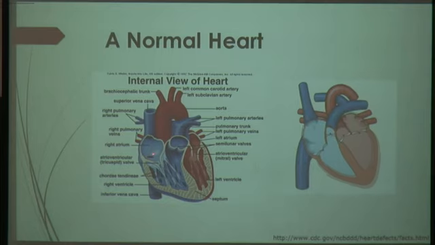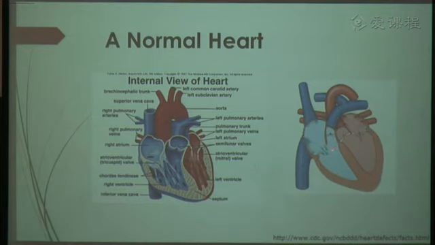You probably have already learned the right atrium, left atrium, right ventricle, and the left ventricle. The left and right are separated, and the upper and lower chambers are separated by valves.